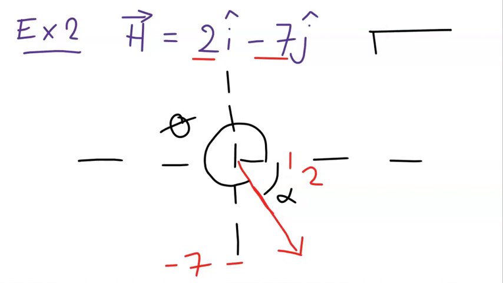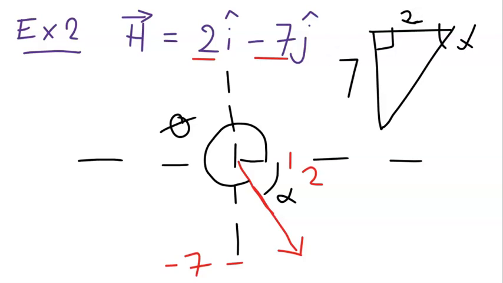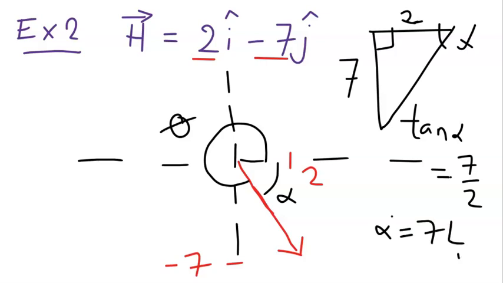Again, we use trigonometry. So this is alpha, this is a right angle triangle, this is 2, and this is 7. I'm ignoring again the minus sign from 7 because I'm interested in calculating the acute angle alpha. So we see tangent alpha is 7/2. So alpha is about 74 degrees.